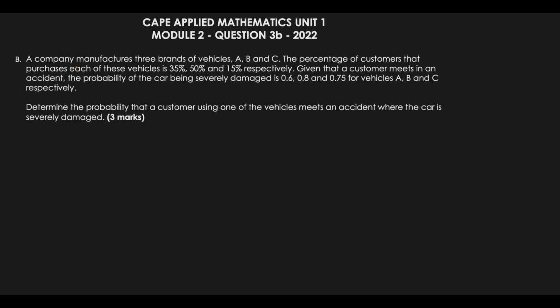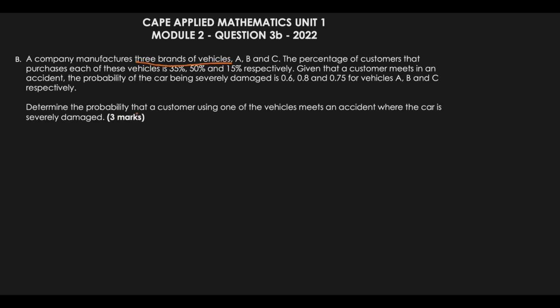So with this one, it says a company manufactures 3 brands of vehicles. So we have vehicle A, B, and C. The percentage of customers that purchase each of these vehicles is 35%, 50%, and 15% respectively. Given that a customer meets an accident, the probability of the car being severely damaged is 0.6, 0.8, and 0.75 for vehicles A, B, and C respectively.